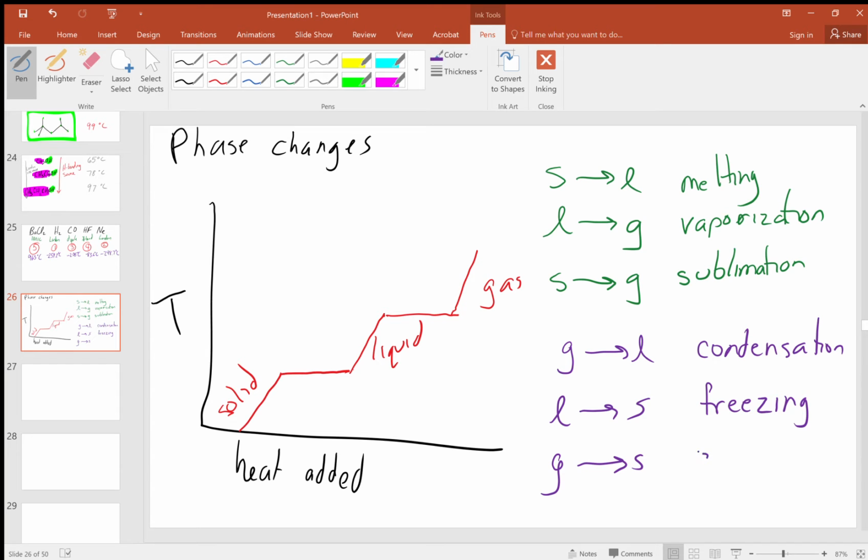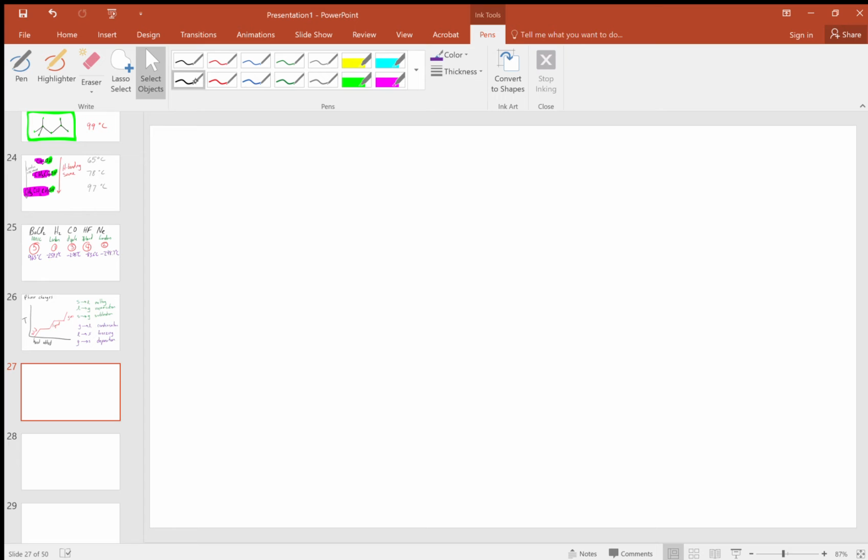And the unusual one, gas to solid, known as deposition. Now we have terms that we use to describe these situations.